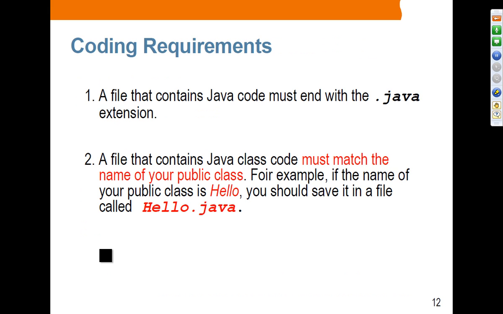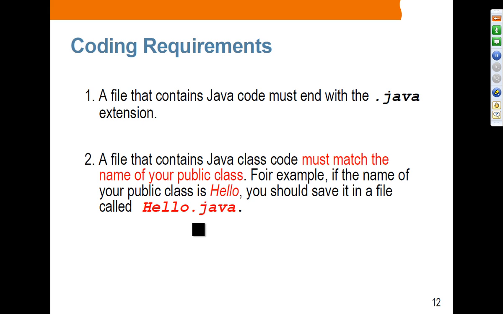Okay, so coding requirements. Every Java file has to end with a .java extension. This is how the compiler figures out that this is Java code. Also, this is something that was asked before: a file that contains Java class code, for example the hello class, must match the name of your public class. So if you're creating the hello class, it has to be created as a hello.java file.